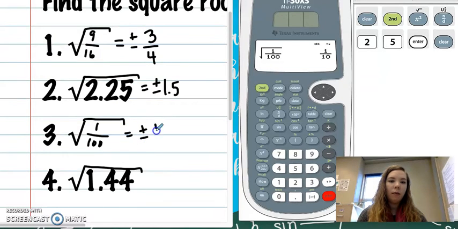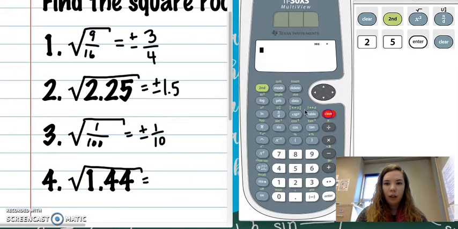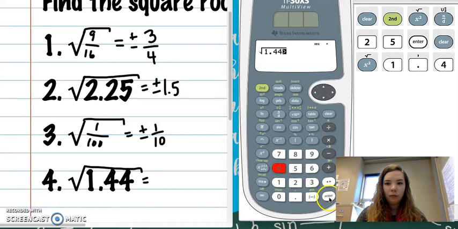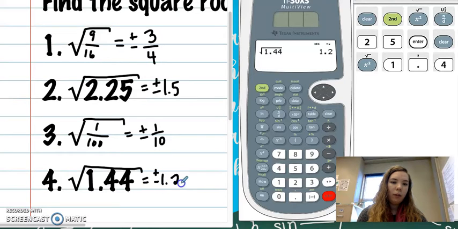Positive and negative 1/10. And one more. Positive and negative 1.2.